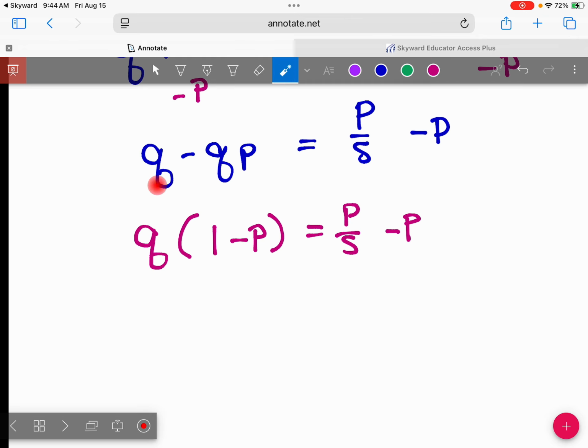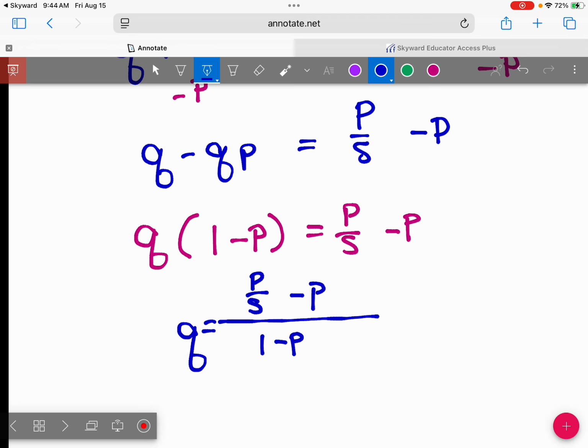So if I have q in more than one space, or whatever letter I'm looking for in more than one space, factor it out. Because to get this by itself, I need to divide both sides by that 1 minus p. So we're going to wind up with this super gross q equals p over s minus p, all divided by 1 minus p.